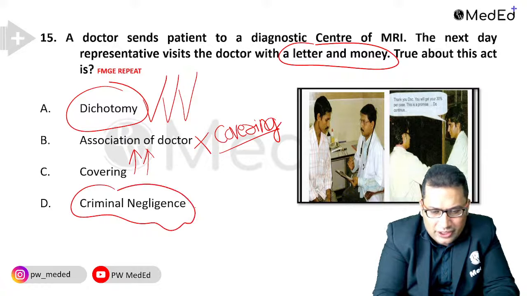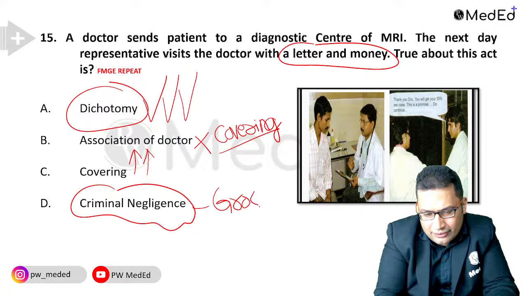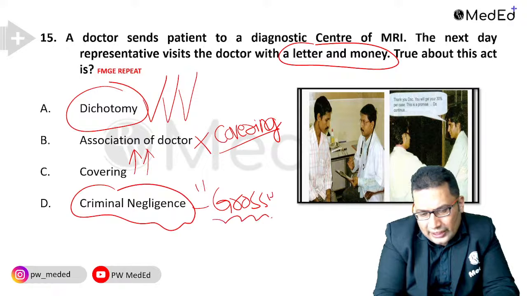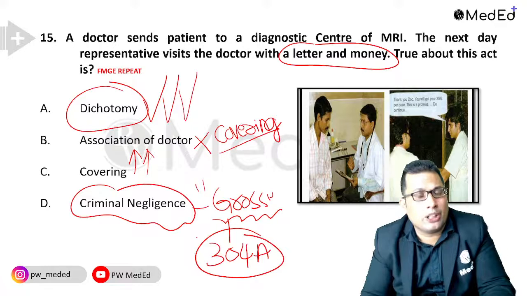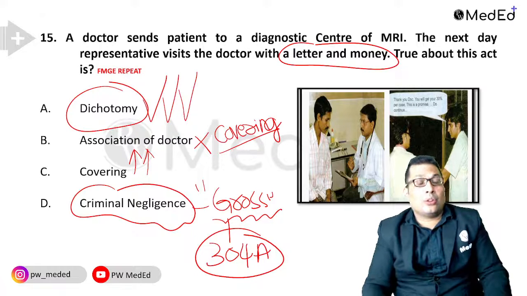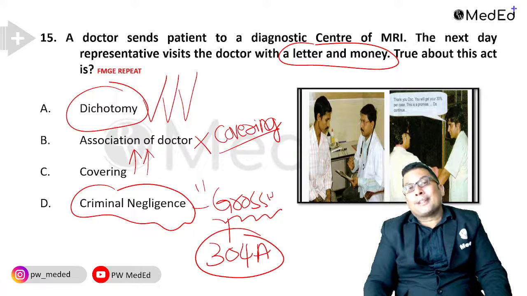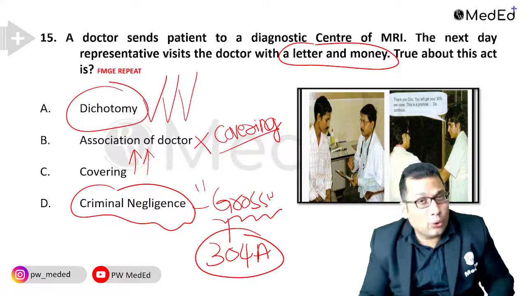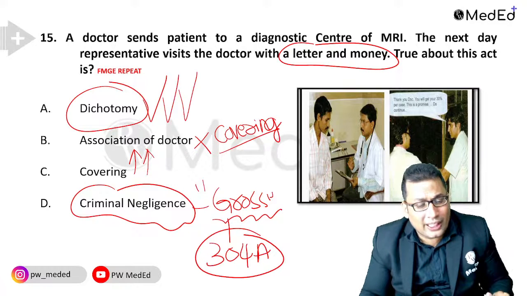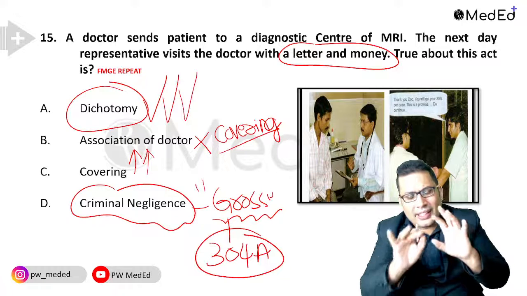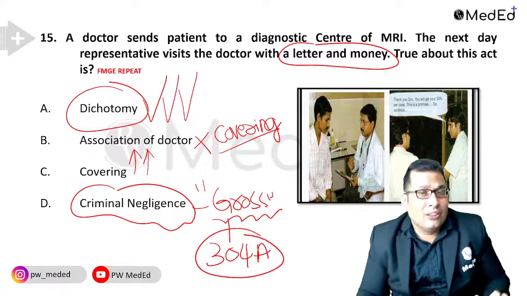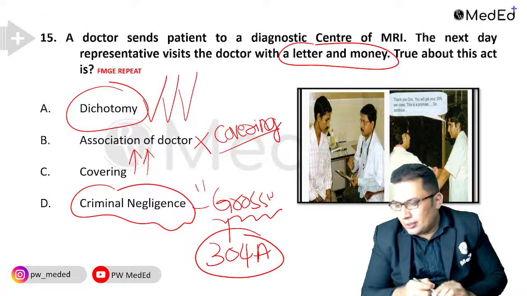Criminal negligence, which is gross negligence, was punishable under 304A IPC. Was punishable, now it is not punishable. There is no imprisonment for doctors until the new amendment. 304A can be asked.